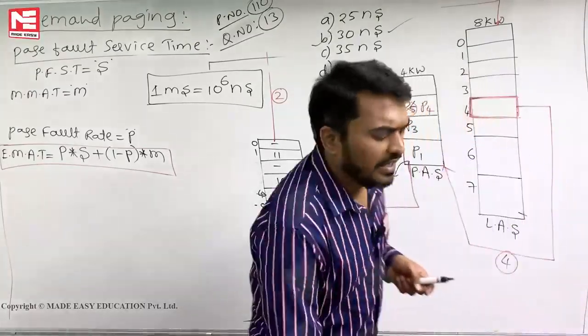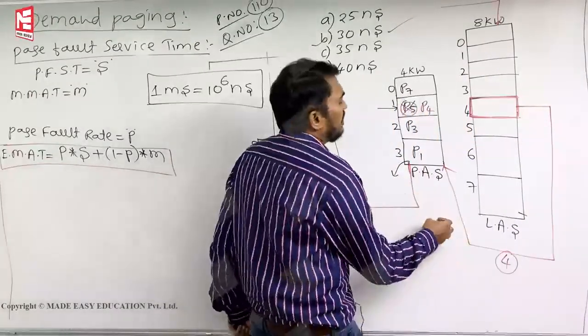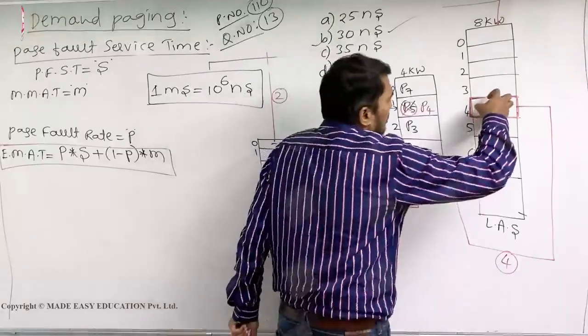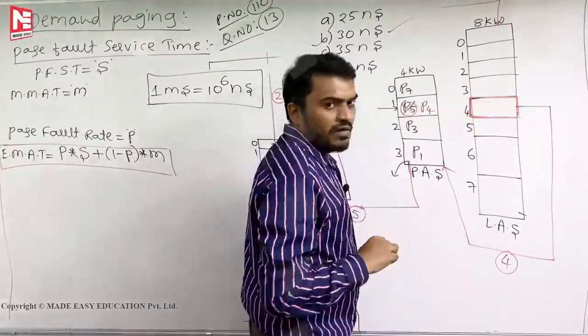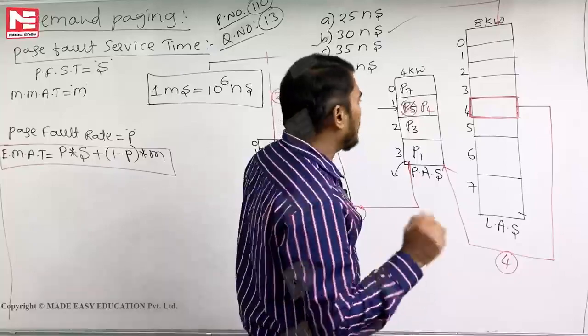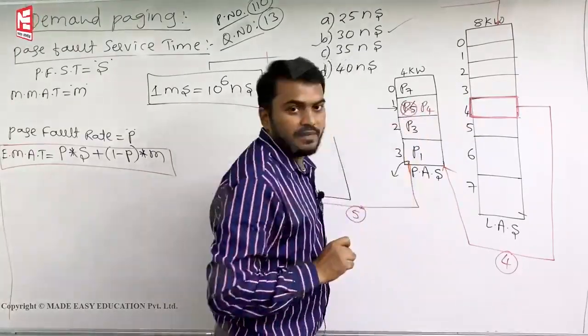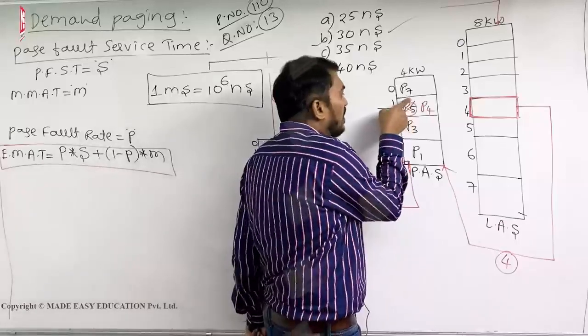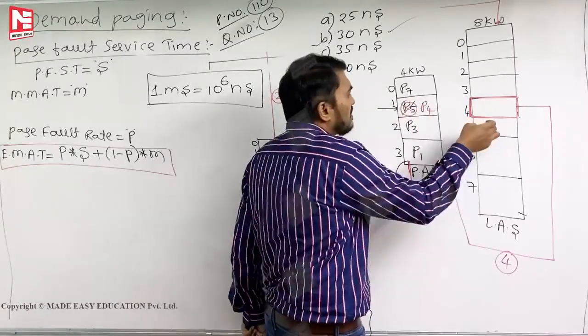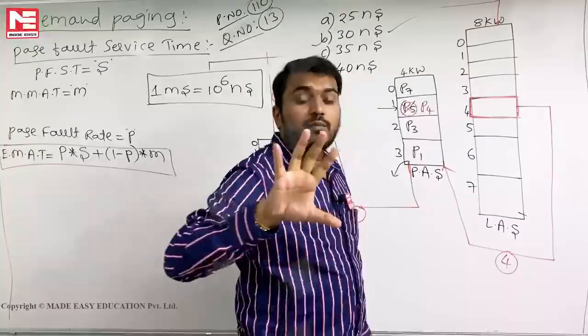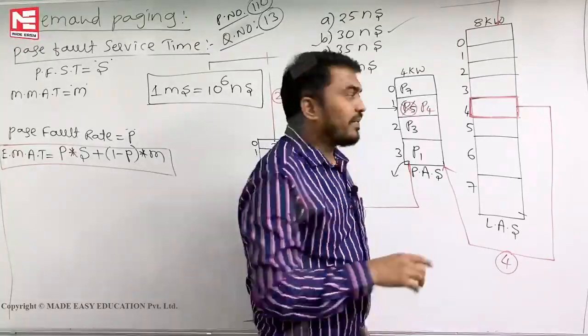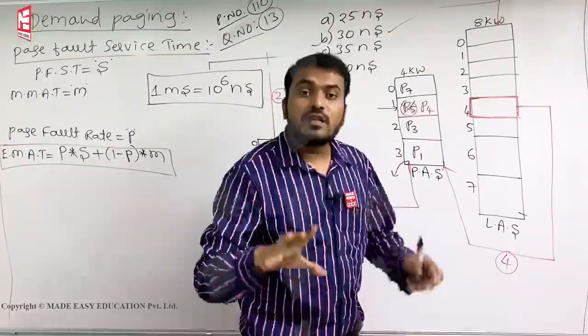Let us say for example, look here, you are bringing the page. Whenever a page fault comes, you bring a page from secondary memory to main memory. Now when you are bringing the page like this, if this old page, listen carefully. What is the old page here? Page number 5. If page number 5 is not modified, then what happens?